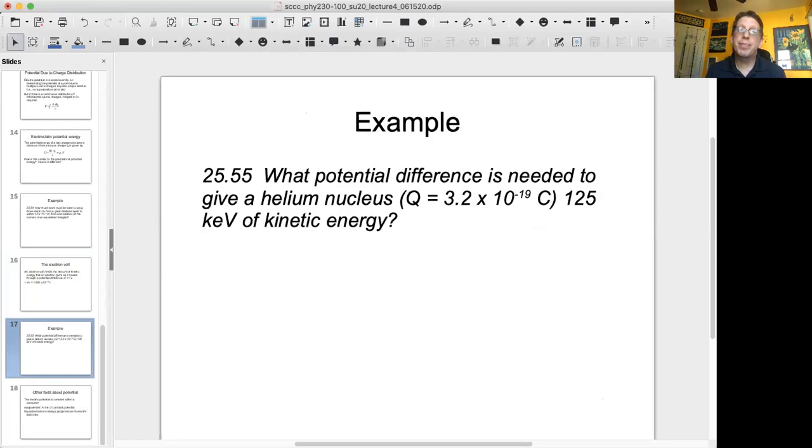Q is equal to 3.2 times 10 to the negative 19 coulombs. The helium nucleus has 2 protons, and it's separated from its electrons, so it carries a positive charge equivalent to 2 protons. And we're asked what potential difference is needed to do that.